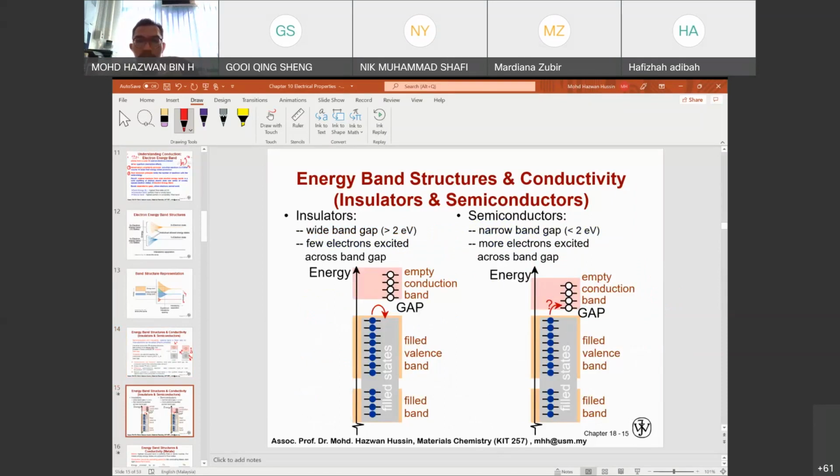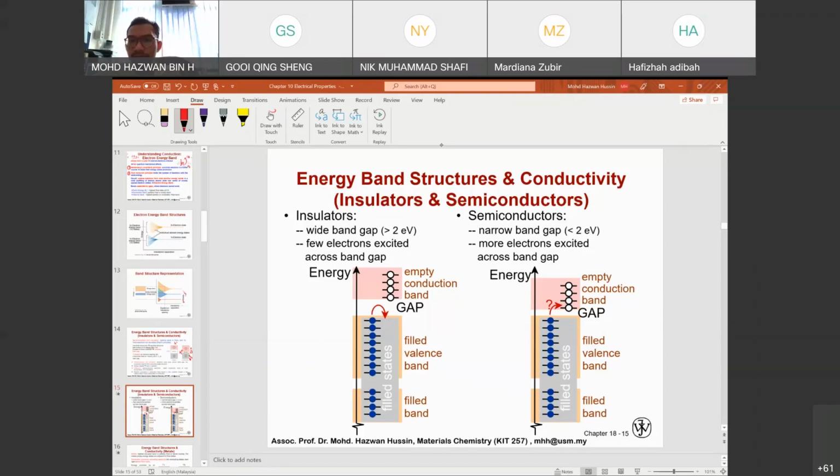A few electrons will be excited across the band gap, but end up not managing to arrive at the conduction band because the gap is very huge. You see an arrow over here. It still experiences promotion, but it cannot overcome that level of energy and returns to the valence band. So that is why an insulator will never give any conduction.